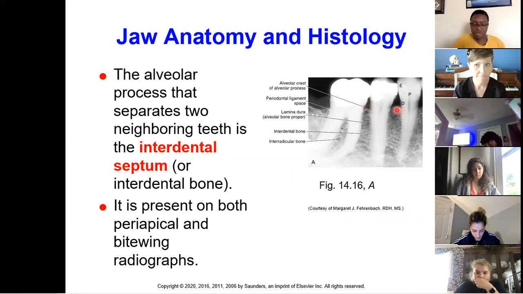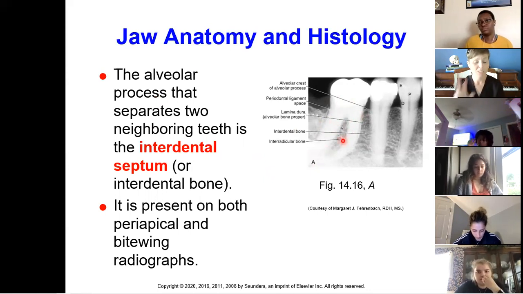What we can't see is the bone that is covering this part right here. We can see the interradicular septum here, which we're going to talk about in a minute, but we can't see the cortical bone from where we are with this radiograph.